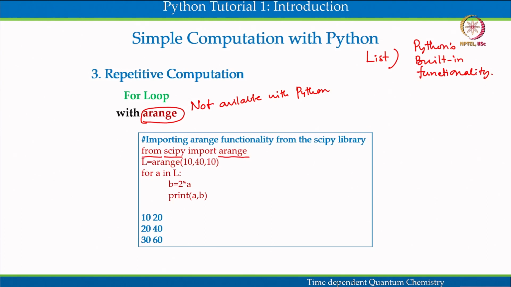This arange functionality works this way. Again, I have to give the name for this list. List equals arange, within bracket start, comma, stop, comma, increment, or step.